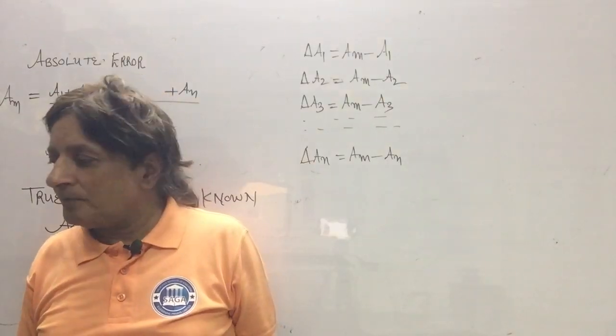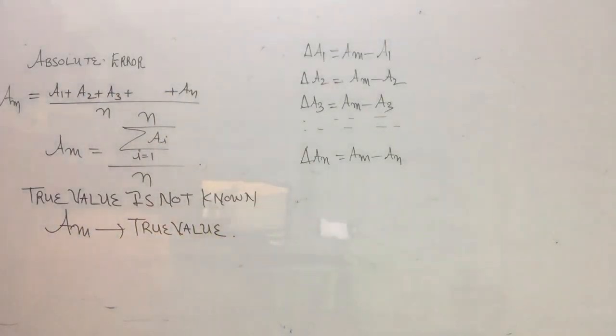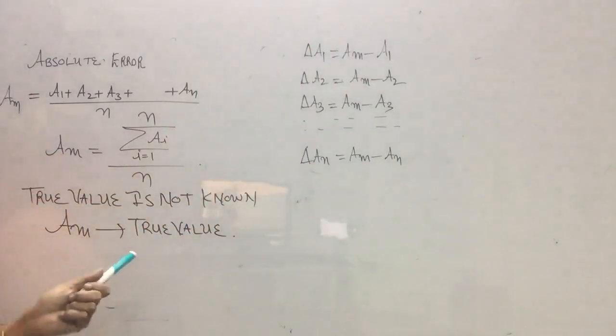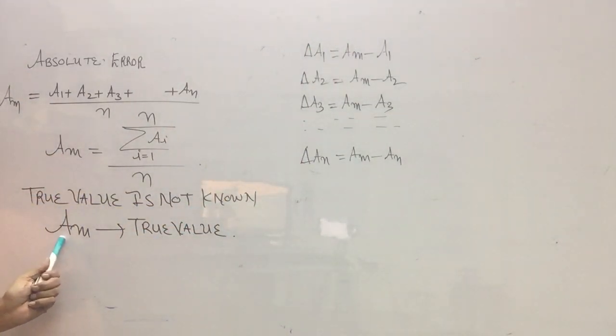Yes, sir. So the magnitude of the deviation of the result of any measurement of the quantity from the arithmetic mean is called the absolute error of the measurement. Now, true value, nearly true value is what? AM.